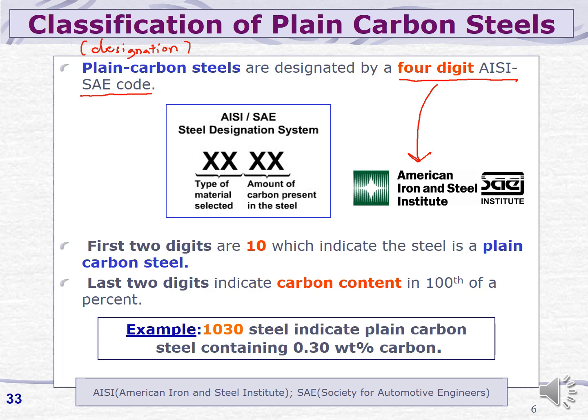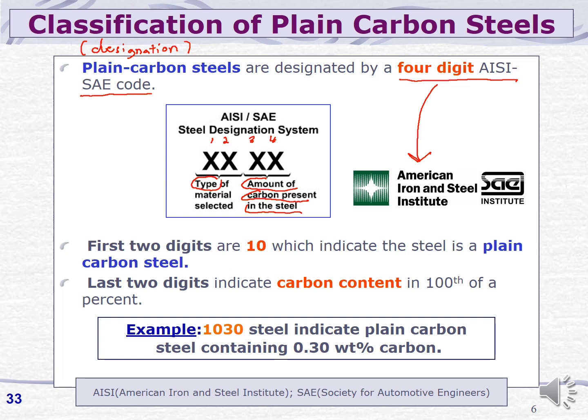For this designation, it consists of 4 digits. Okay, 1, 2, 3, 4. The first 2 digits refer to the type of material, and the last 2 digits represent the amount of carbon present in the steel.